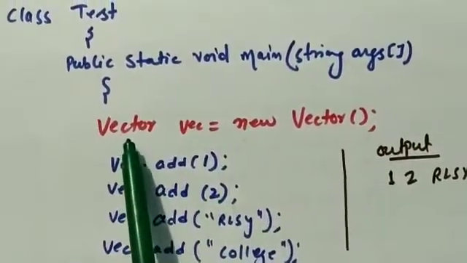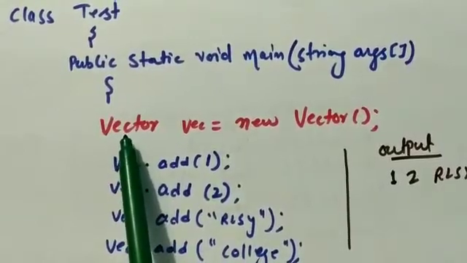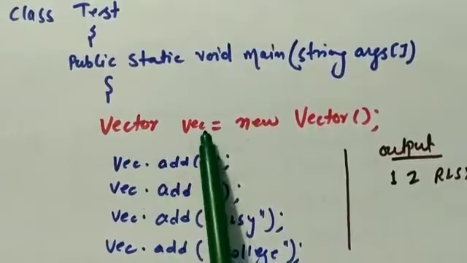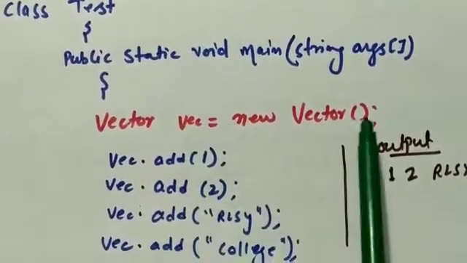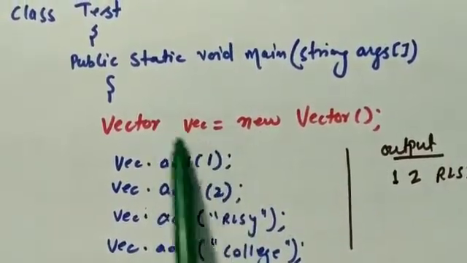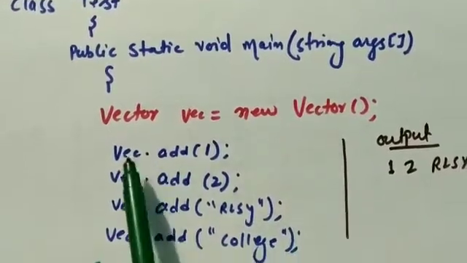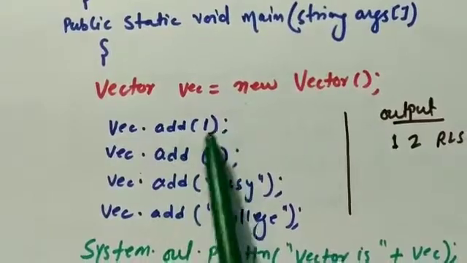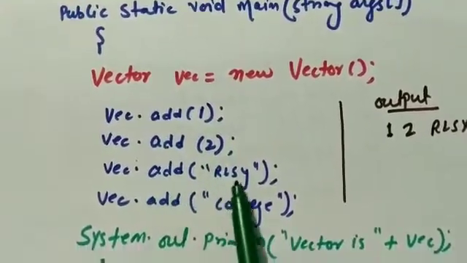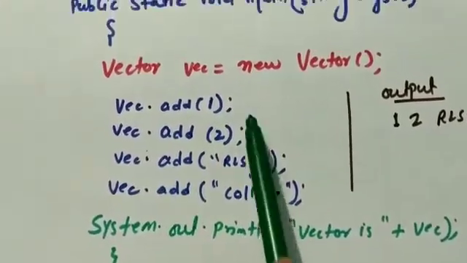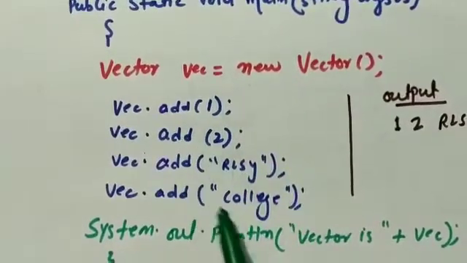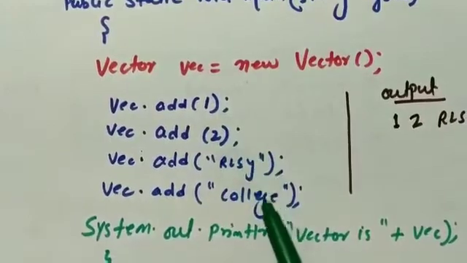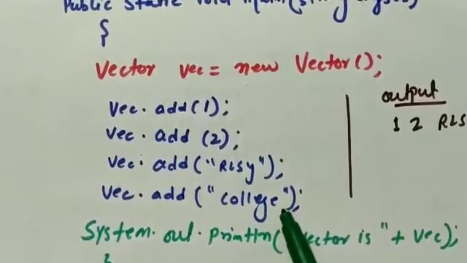Now this line describes the creation of a vector: vec, the object, equals new Vector. Next is vec.add, one of the methods: vec.add(1), vec.add(2), vec.add("RLSY"), vec.add("college"). So I have put four elements here: two are integers and two are strings.